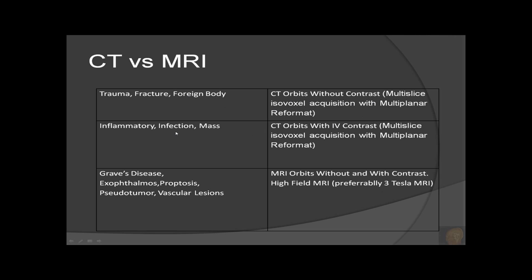For inflammation, infection, or mass, we need contrast to define the disease extent better. If the patient is in the emergency room setting, that's pretty much a CT study. If the patient can be imaged in an outpatient setting, MRI is preferred, such as for Graves' disease, exophthalmos, proptosis, pseudotumor, or vascular lesions.